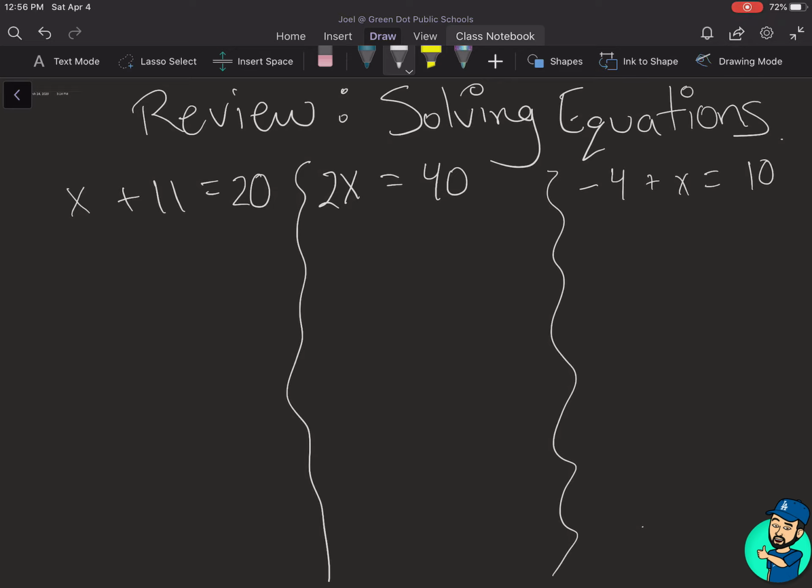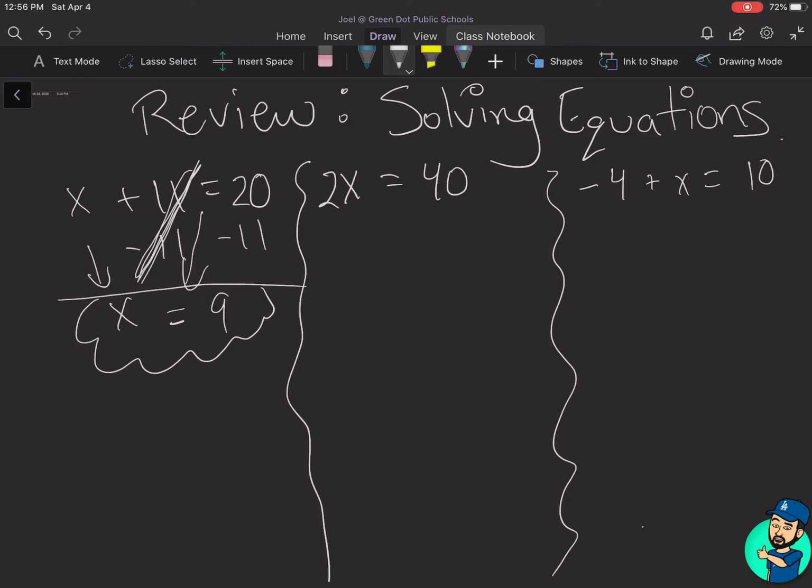Now let's start with the first one. Our first step and only step is to subtract both sides by 11. Now the 11's cancel out. I bring down the x, I bring down the equal sign, and 20 minus 11 is 9.